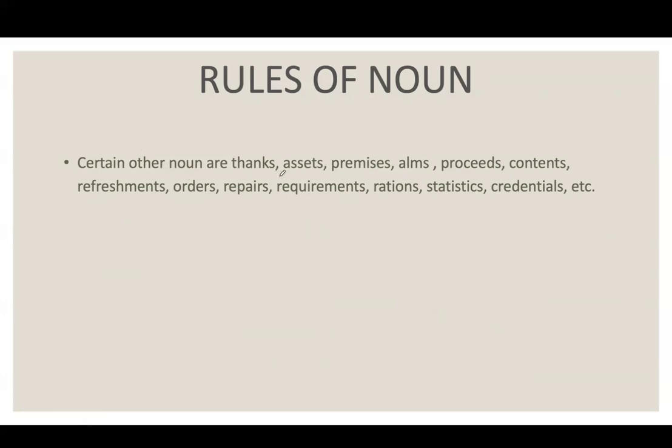Certain other nouns like thanks, assets, premises, alms, proceeds, contents, refreshments, orders, repairs, requirements, rations, statistics, credentials, etc., they all take plural form. They are always written with plural verbs.